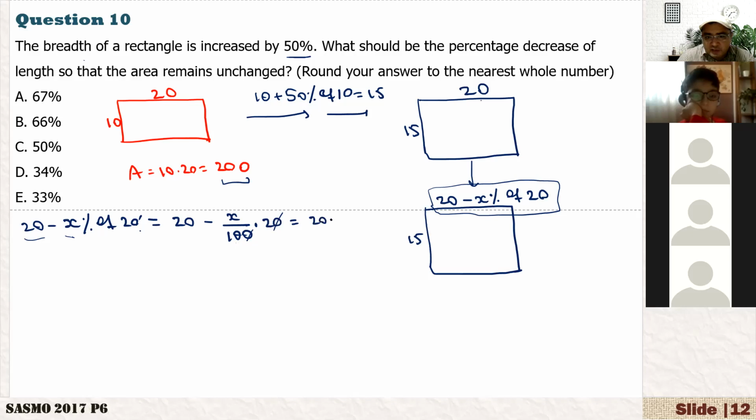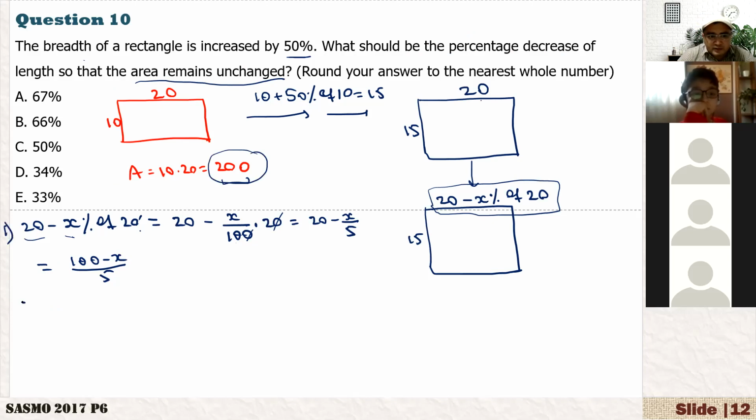So here we have 20 minus X over 5. Even I can simplify this. The common denominator is 5, so here we have (100 minus X) over 5. Now, the question says what should be the percentage decrease of length so that the area remains unchanged, right? The area is this one, 300.